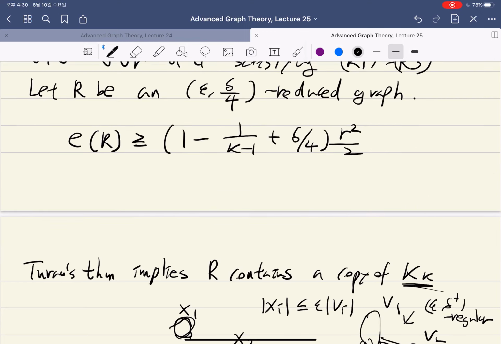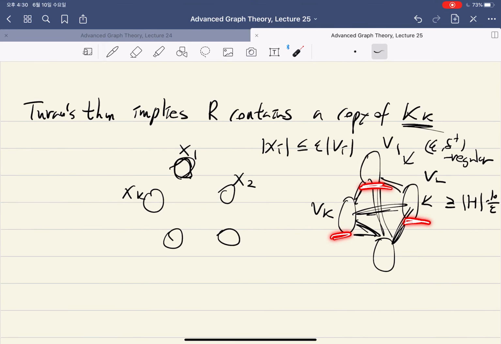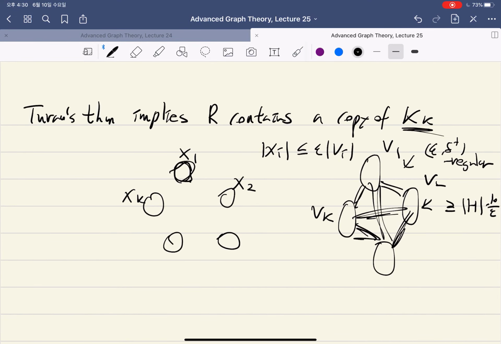So in the regularity partition, you find the copy of K_k in R, which gives us these k clusters. The indices could be different, but we can just assume that those indices are 1 to k. Then now we are in a position to invoke the embedding lemma.